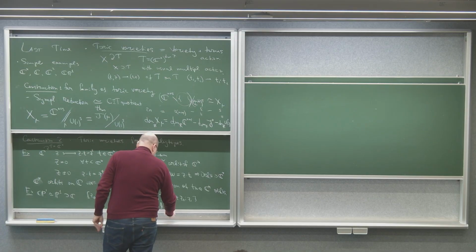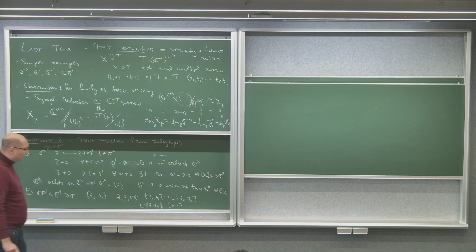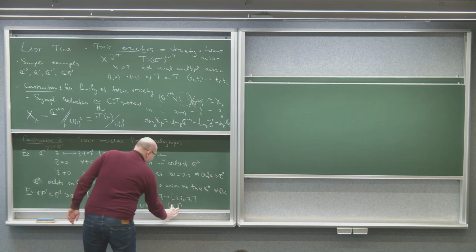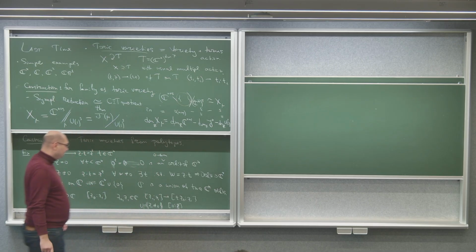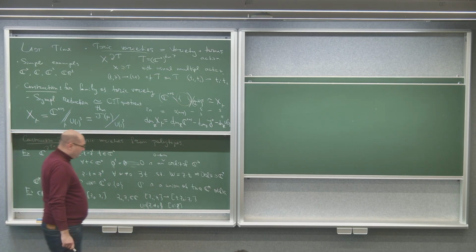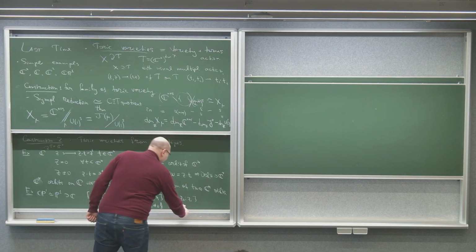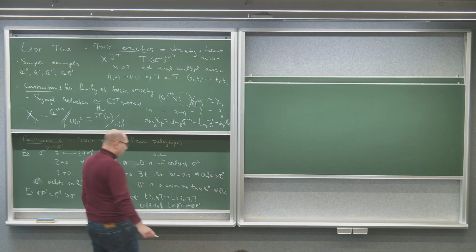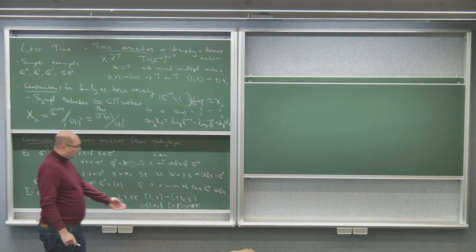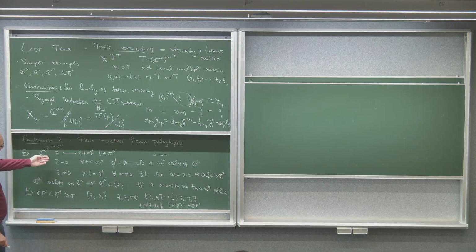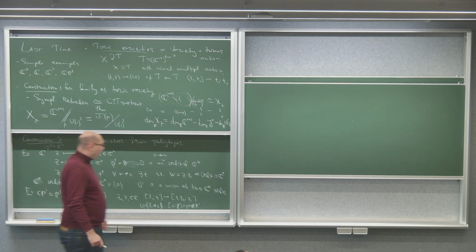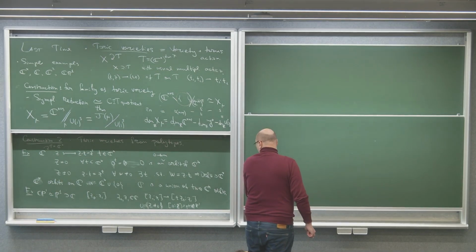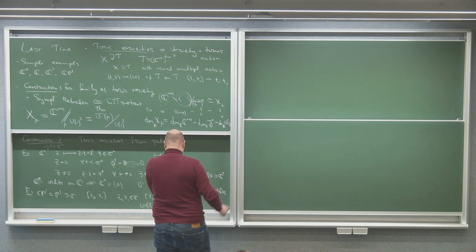In this chart we have a point which in homogeneous coordinates is 0, Z1, and this action preserves this point. That is the same as the point at the origin that we had in C.